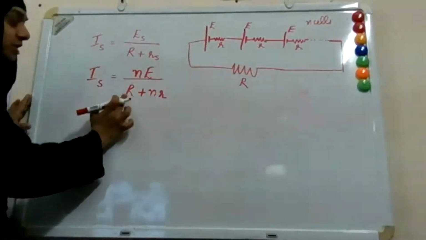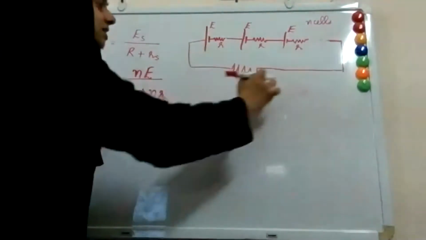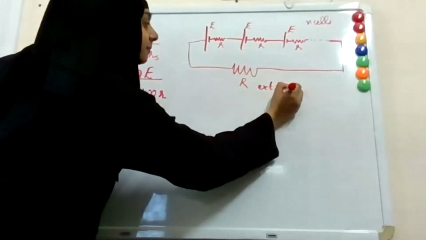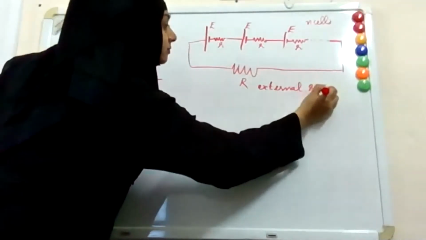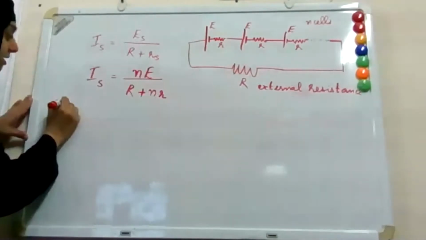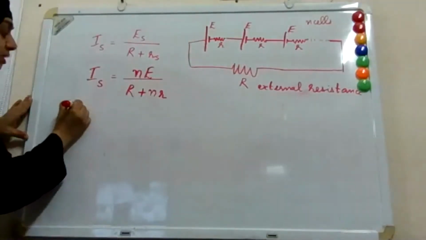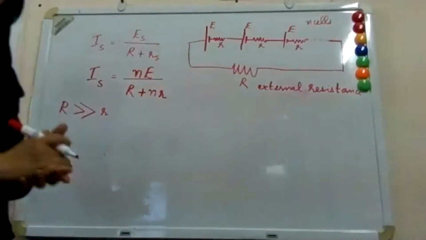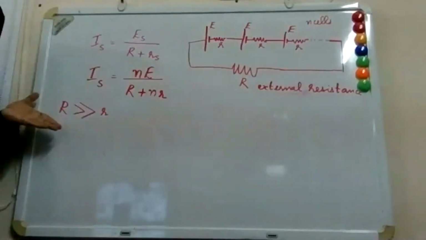Now, suppose, what is R? The external resistance, right? This is the external resistance. If the external resistance R is very much bigger than the internal resistance of a cell, this will be the usual case.